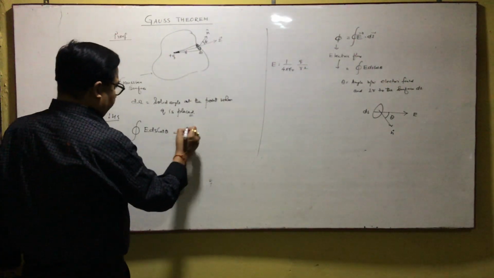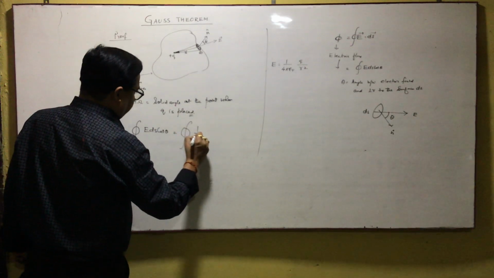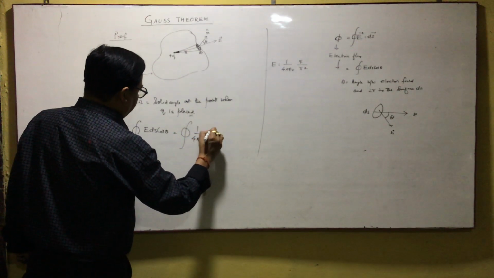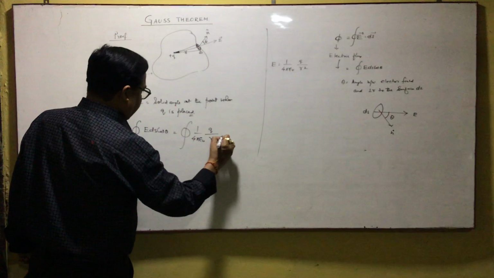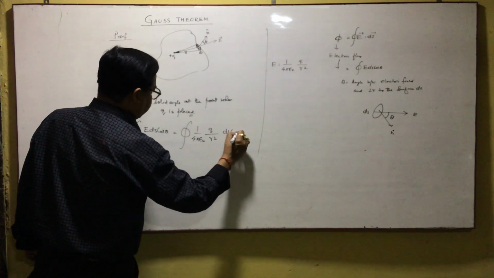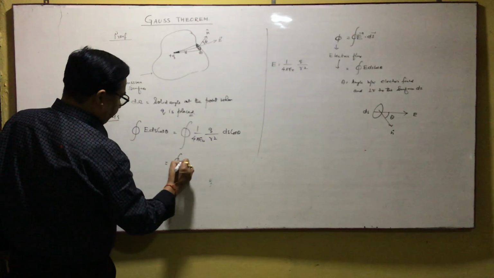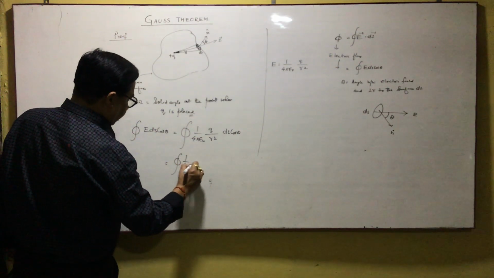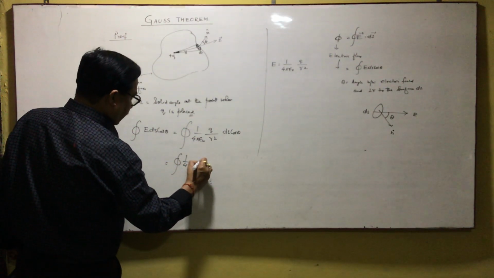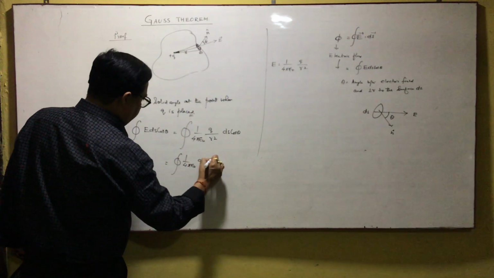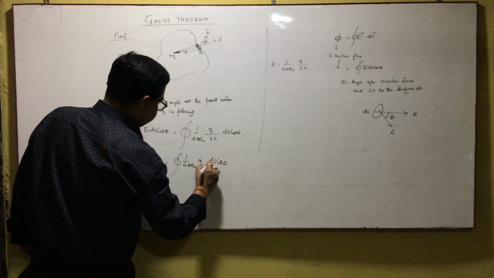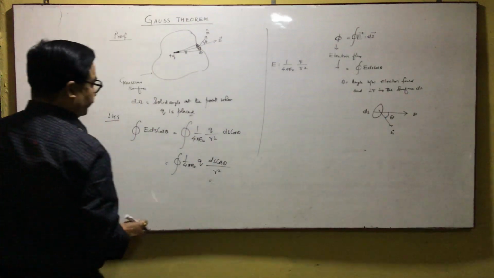So we'll put 1 by 4 pi epsilon naught Q by R square into ds cos theta, or we can write this as 1 by 4 pi epsilon naught Q ds cos theta upon R square.